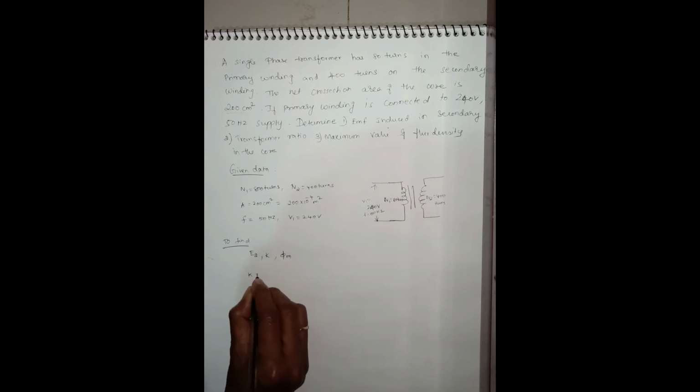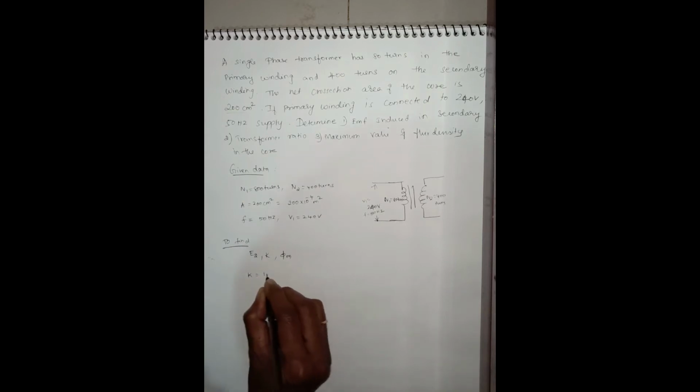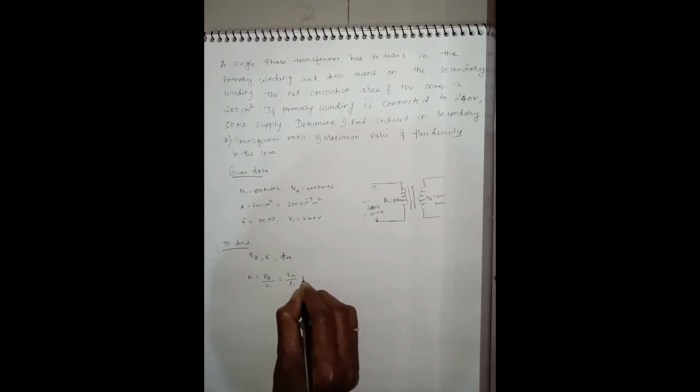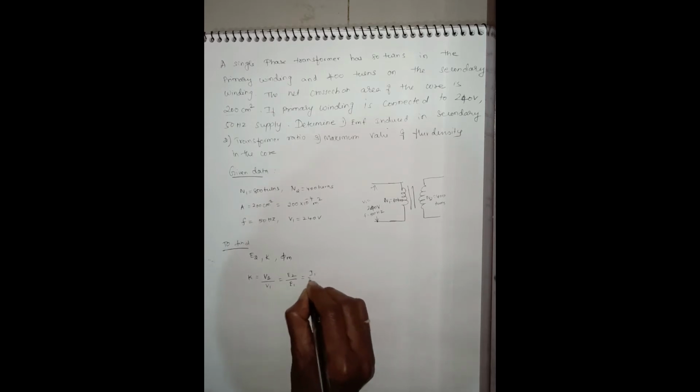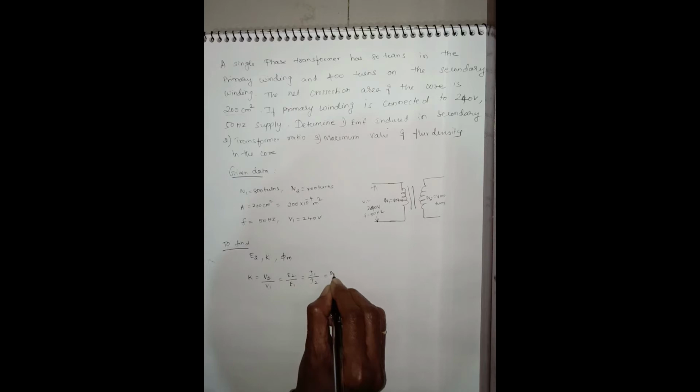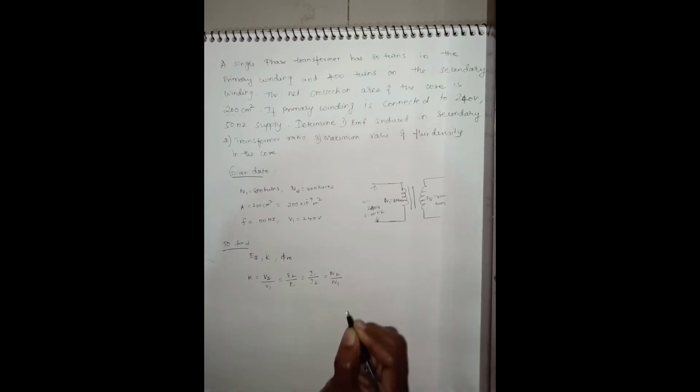We can find the transformer ratio easily because N1 and N2 are given. Therefore, K is nothing but V2 by V1 equal to E2 by E1 equal to I1 by I2 equal to N2 by N1. But N2 and N1 are given.